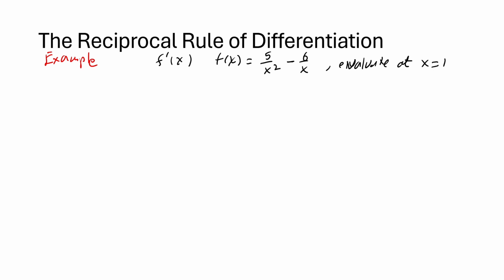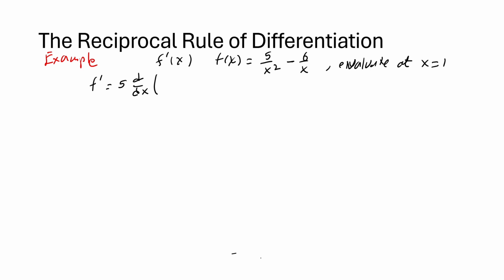So let's do another example. In this case, we want to find the derivative of f of x, where f of x is equal to 5 over x squared minus 6 over x, and we want to evaluate it at x equal to 1, just to see what it's equal to. So in this case, the derivative, just using the reciprocal rule, is 5 times the derivative of this first quantity.